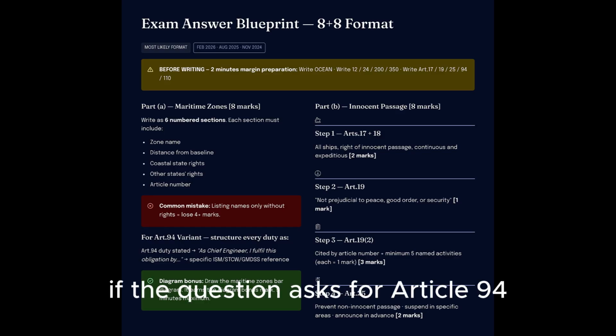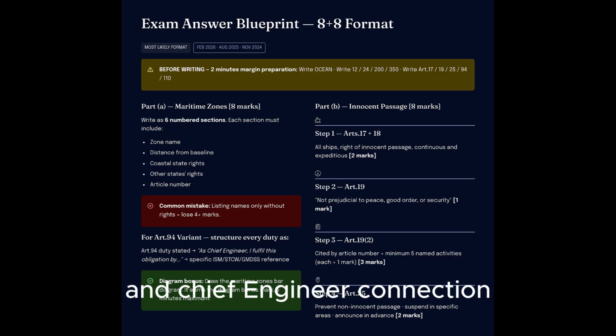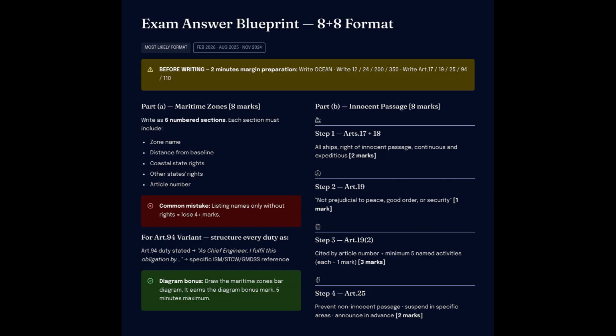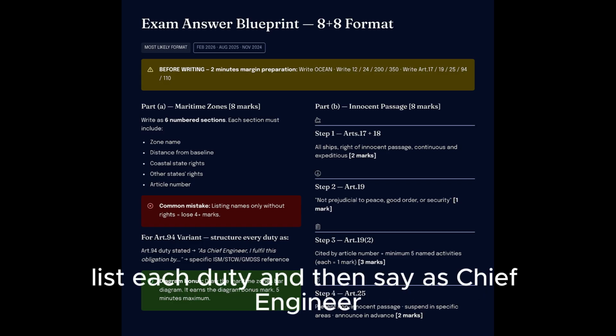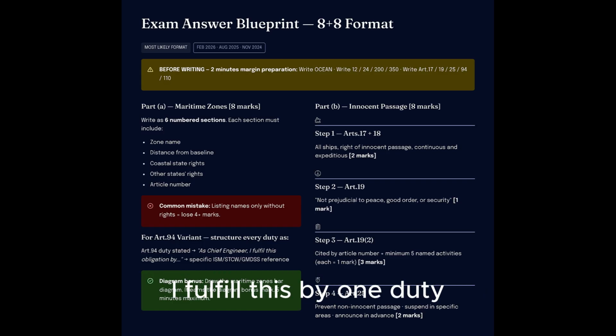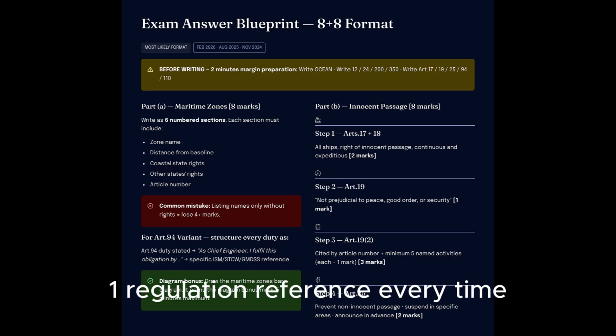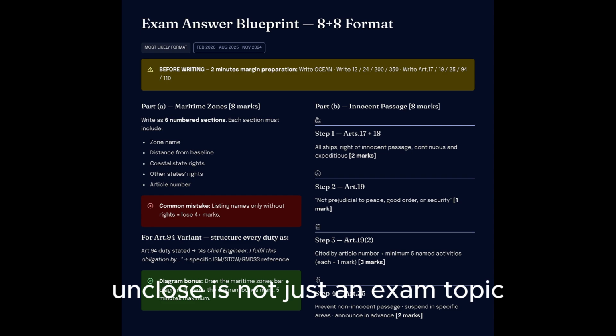If the question asks for Article 94 and Chief Engineer connection, list each duty and then say, as Chief Engineer, I fulfill this by 1 duty, 1 specific action, 1 regulation reference. Every time.